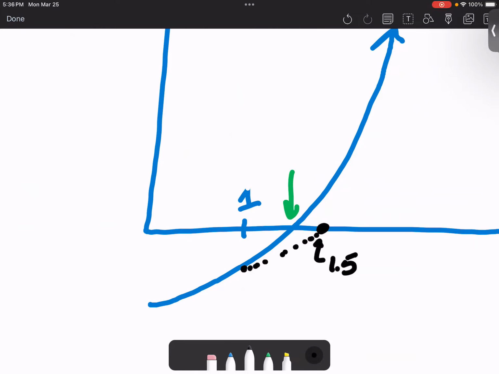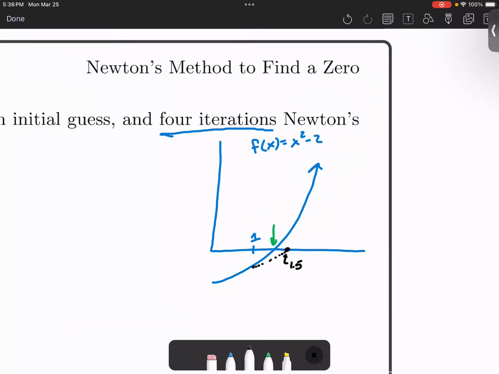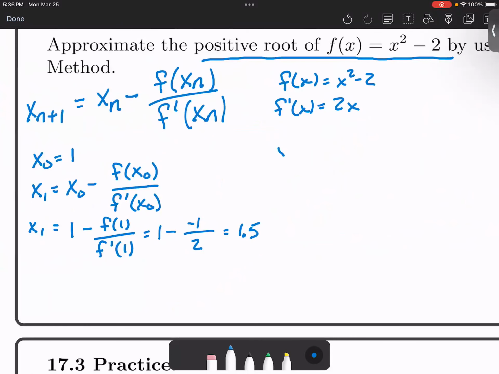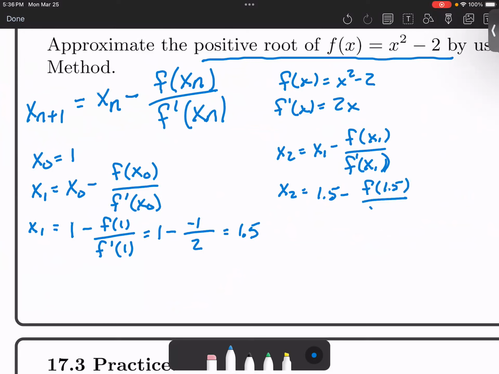That's also not the right root. Let's do another iteration of this. Our second value will be given by the first value minus the function at the first value over the derivative at the first value. So our second guess will be given by 1.5 minus f at 1.5 over f prime at 1.5.